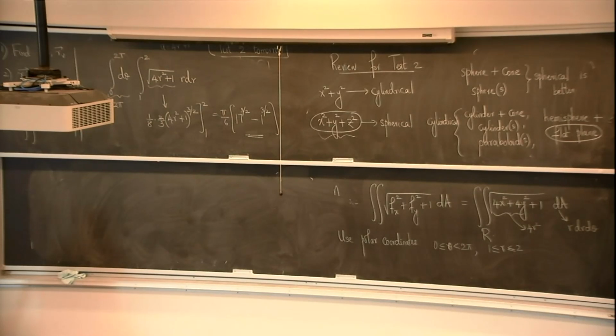Sort of related to the quick one. If you were doing spherical, the density is x squared plus y squared plus z squared. You would end up integrating rho to the fourth sine squared, because this is rho squared, and then there's a rho squared in the dV.